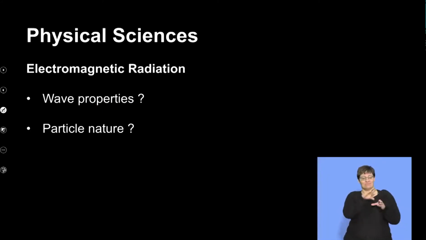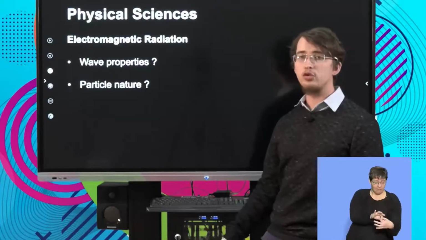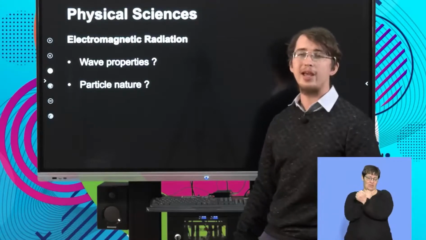As part of our investigation into electromagnetic radiation, we have to ask ourselves the questions: is electromagnetic radiation a wave or is it a particle? To better answer these questions, we need to unpack the properties of waves and particles and relate them to electromagnetic radiation to make a decision.